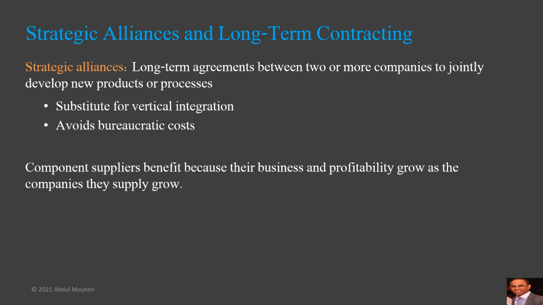However, it also avoids the problems, such as the high bureaucratic cost, that arise from managerial inefficiencies when a company owns its own suppliers, such as those that arise because of the lack of incentives or when a company becomes locked into an old technology, even when the technology is rapidly changing.